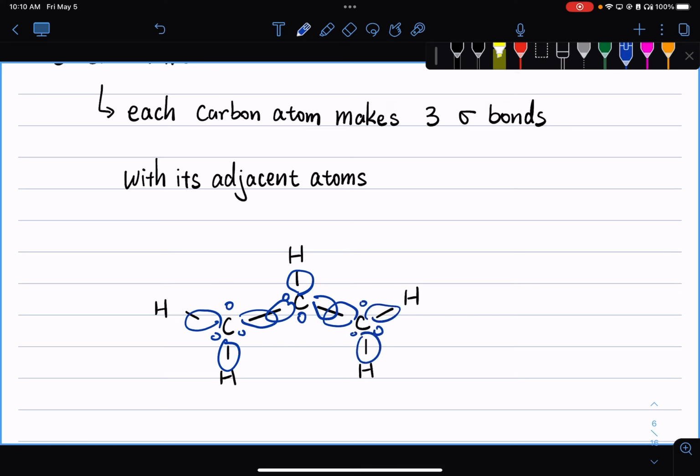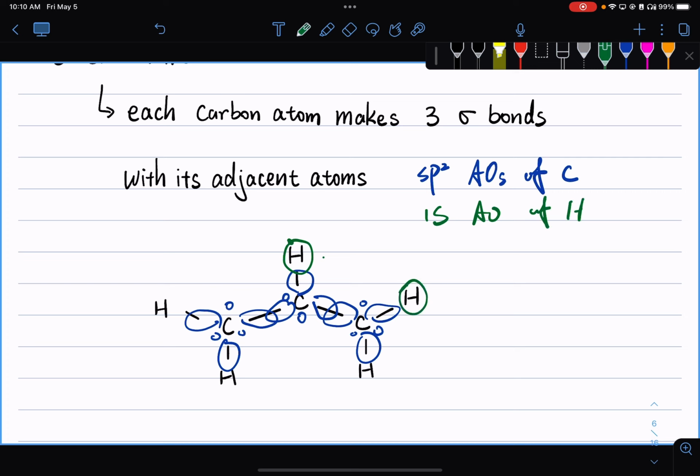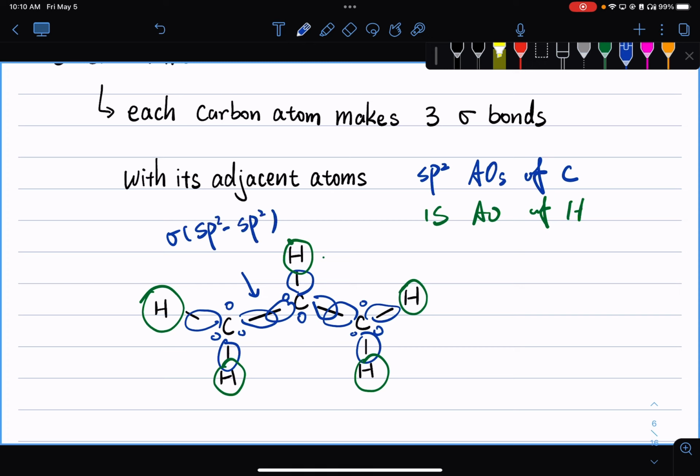All right, so everything in blue are my sp2 atomic orbitals of carbon. On top of it, it's also interacting with the 1s of hydrogen. Or if we were to label these sigma bonds, between all the carbon-carbon bonds, we have a sigma bond coming from sp2 hybridized atomic orbitals.